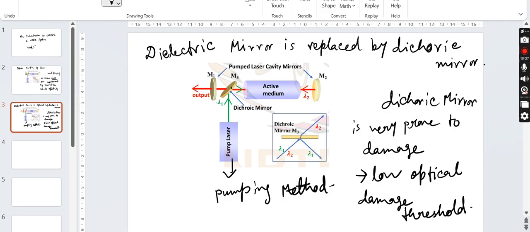So for that, we need an optical element that can do that work, that is going to couple the laser to the medium, but doesn't get damaged.